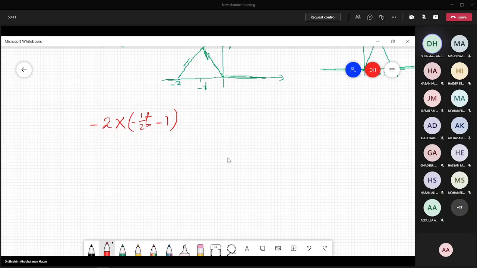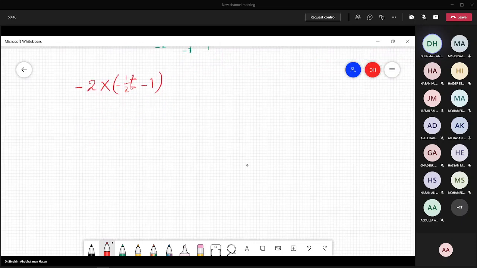Method number 1 is to rewrite this one as minus 2x multiplied by, take minus half common, then here will be t plus 2. And method number 2 is to keep it as it is and work with it. Okay, let's take method number 1 and see how we can do it.